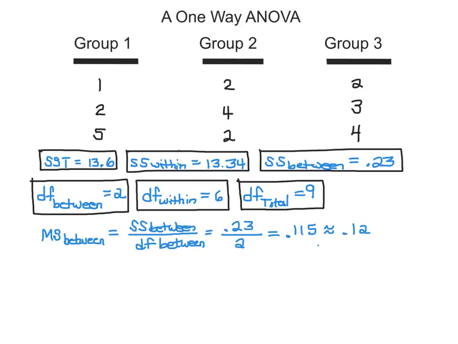So now we're going to find the mean square within, which is the variance within, and that is equal to the sum of the squares within divided by the degrees of freedom within.